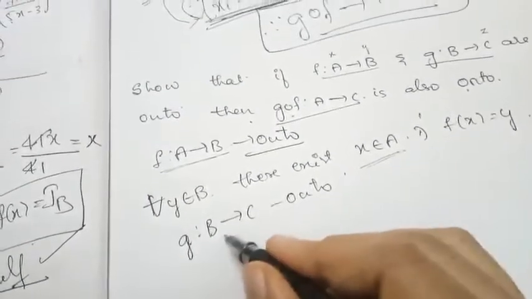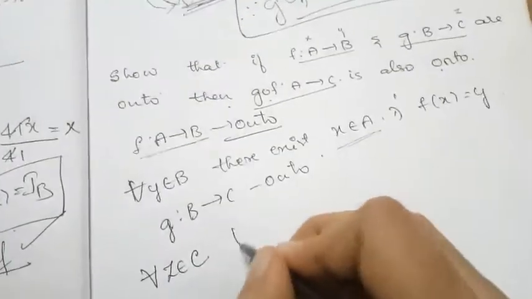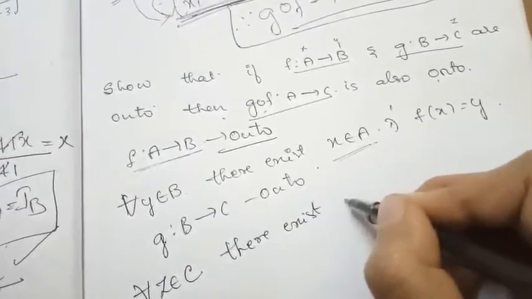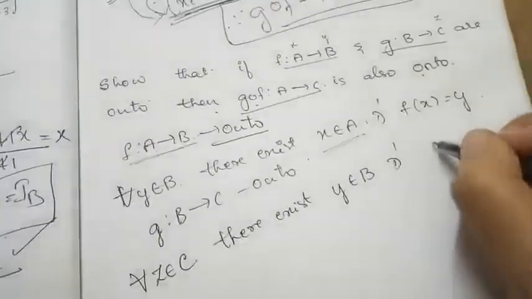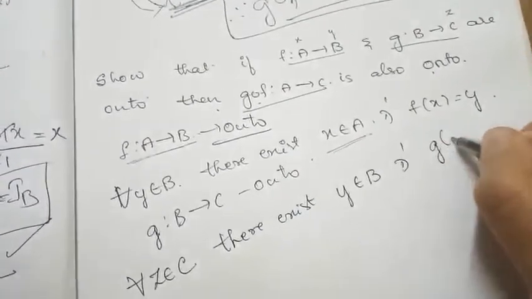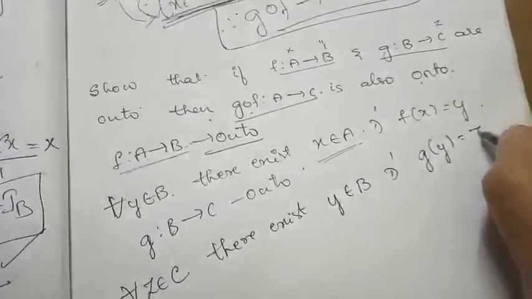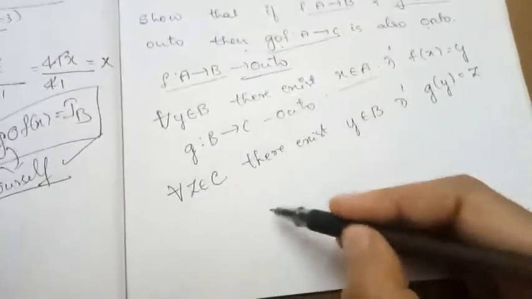If g from B to C is also onto, then for all z belonging to set C, there exists y belonging to set B such that g of y is equal to z. So now, by combining, what are we saying?